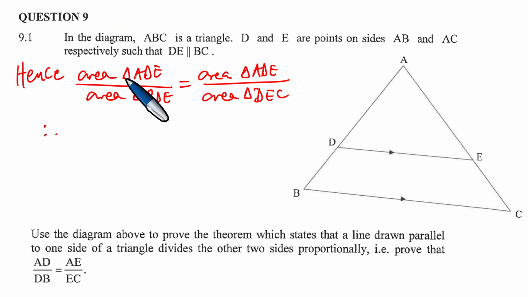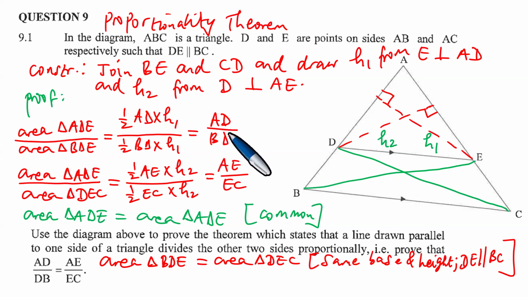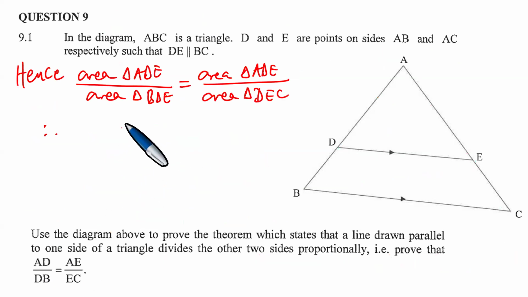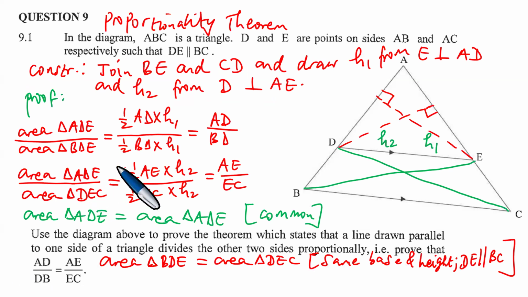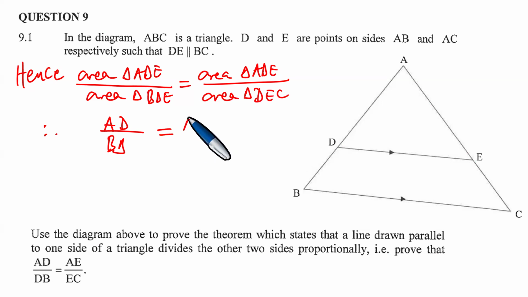But what is the area of triangle ADE over the area of triangle BDE? It is AD over BD. This equals, if you look at the area of triangle ADE over DEC, AE over EC.